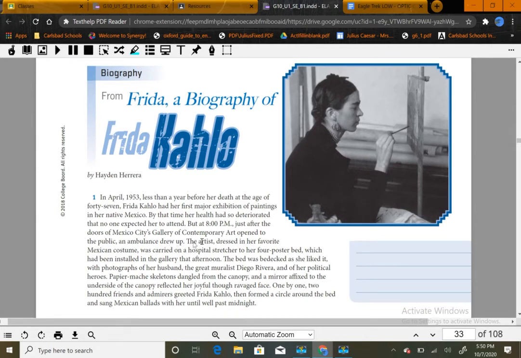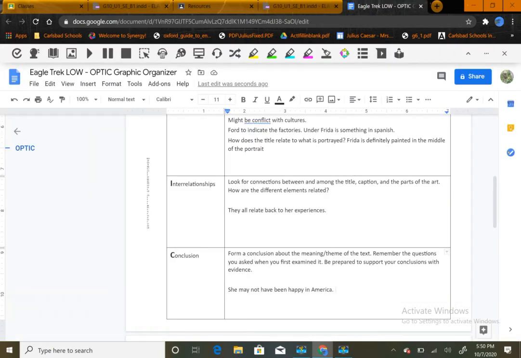So let's just say I wanted to use this right here, 1 by 1, round the clock, and copy that, and I'm going to paste it here. Okay, so that's not my words, so I'm going to put it in quotation marks, and I'm either going to put a dash or I'm going to put it in a sentence form, Hayden Herrera.